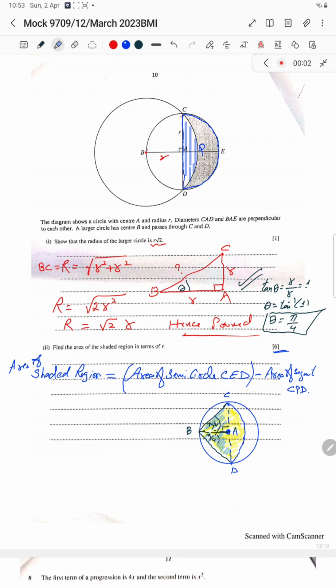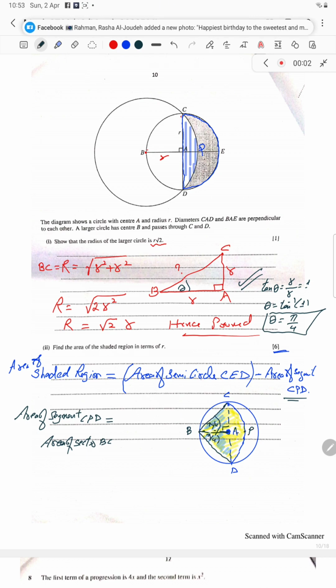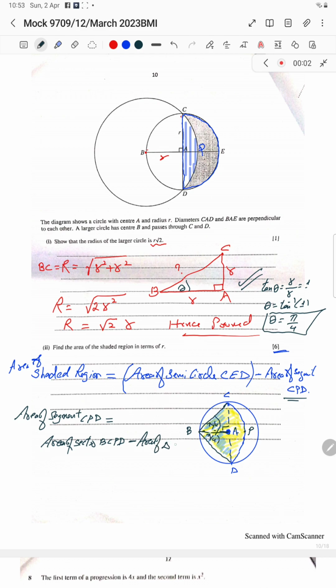Here I'm going to draw it separately. So the area of segment, what we are looking for here, CPD, is equal to the area of sector BCPD minus the area of triangle BCD.